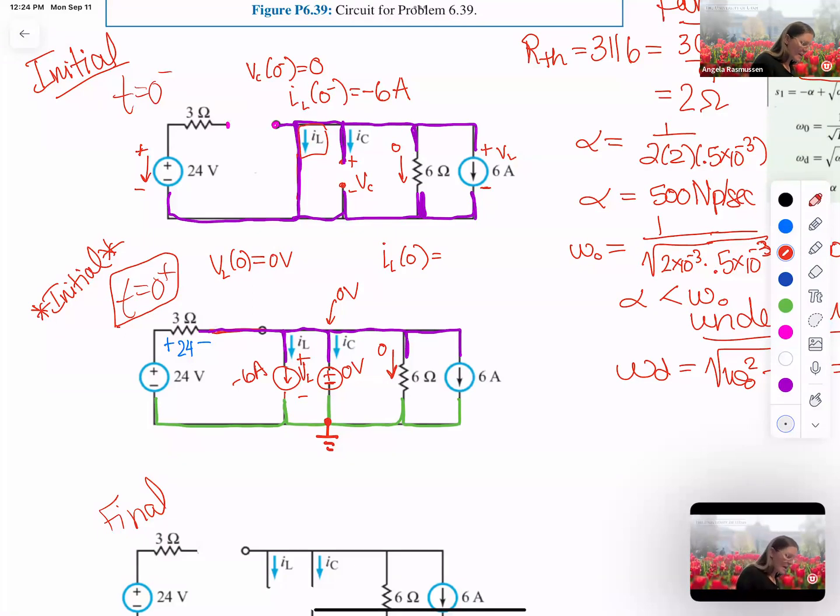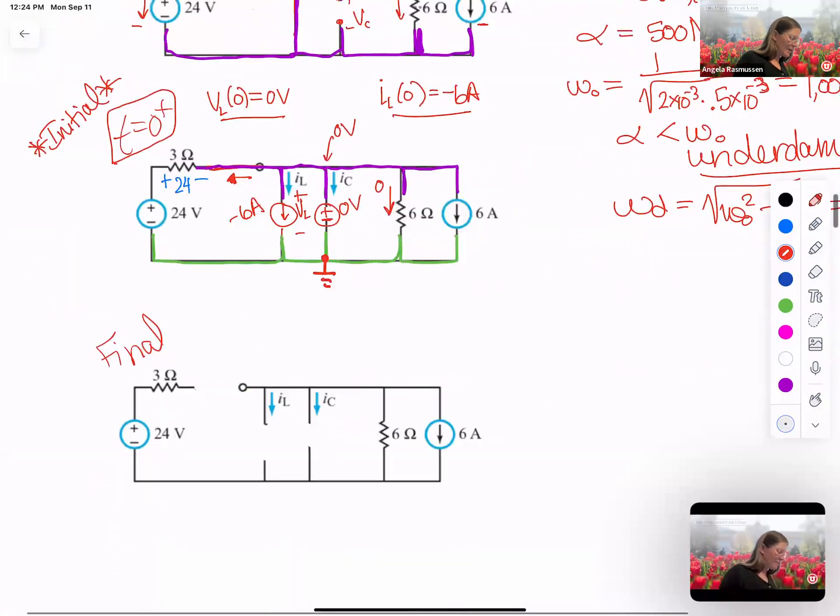And then you would need to find the current here. And then you could do a current summation to find IC. Mhm. All right, going back to IL0, what's IL here going to be? -6 amps. Okay, so those are my initial values.